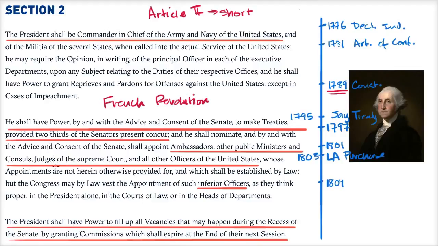And it's interesting because when we're looking at Section 2, which at least talks something about treaties, it says that the president can make treaties. I'll underline this. The president can make treaties provided two-thirds of the senators present concur. It talks about ambassadors, but it doesn't talk about the recognition of foreign countries. And as you point out, things start in 1789.